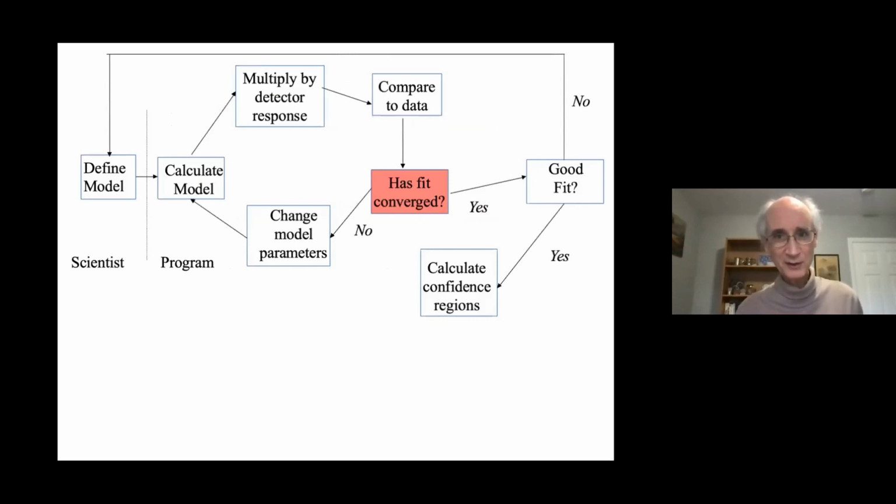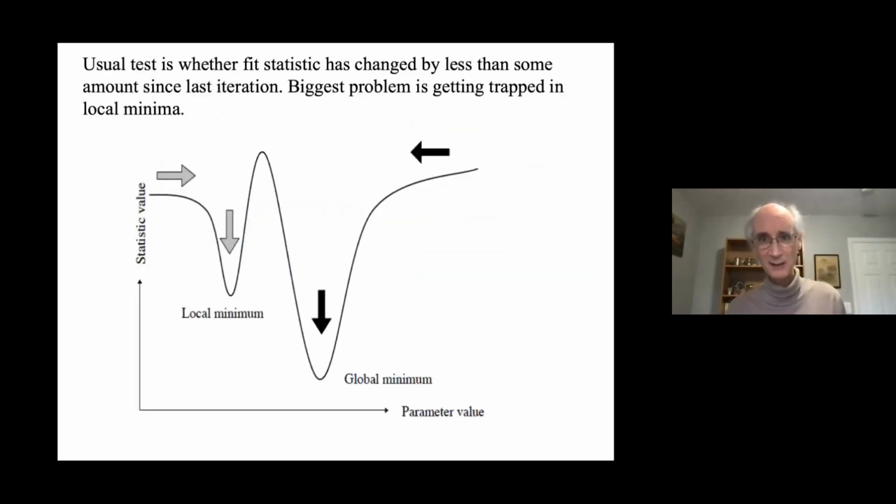Okay, how has the fit converged? Well, usually you decide the fit is converged by it not finding a new better fit. But there is a problem with local minima. So this is a simple case where I've only got one parameter value, and I've got a statistic value on my y-axis.